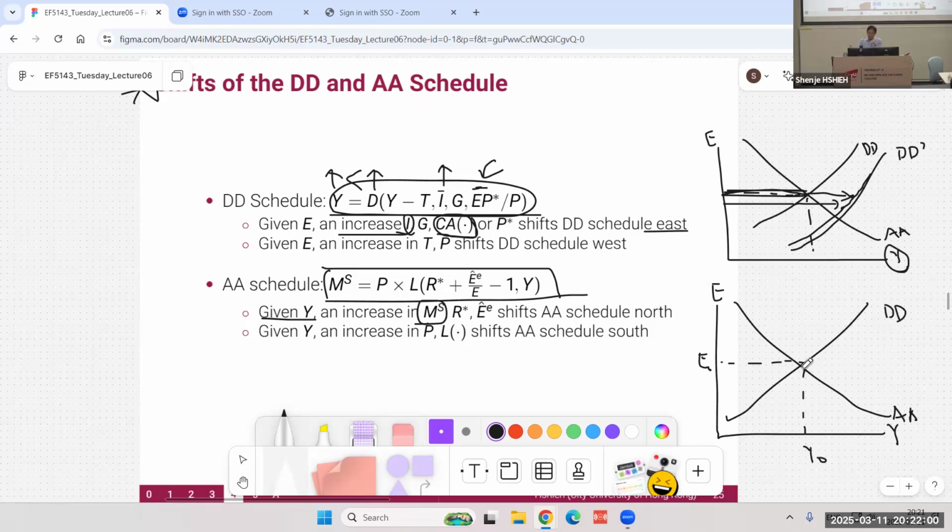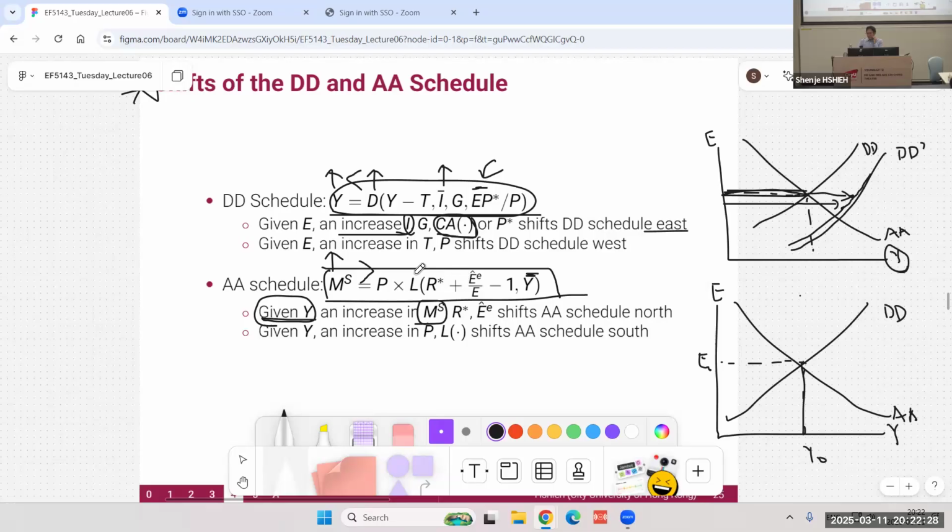Okay, so given a Y, let's just choose this Y here. If I increase MS, the left side of this equation will be greater than the right side. If I fix Y, I can't move this. The only other free parameter I have is E because that's the other axis, right?